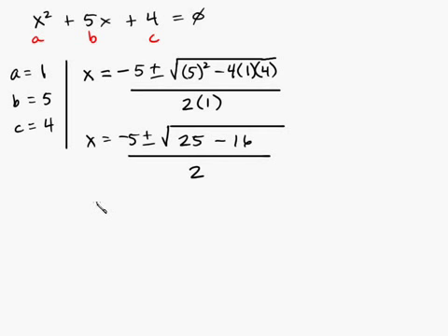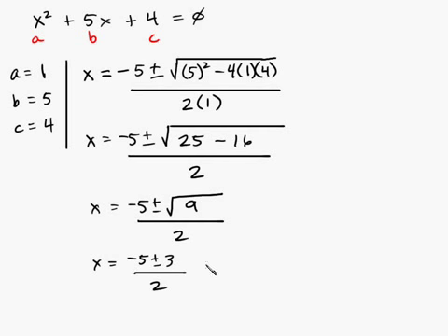Now let's keep on simplifying here. So x is equal to negative 5 plus or minus the square root of 9, all over 2, and then x is equal to negative 5 plus or minus 3, all over 2. From here you can branch out. In this case, you're going to get two answers.